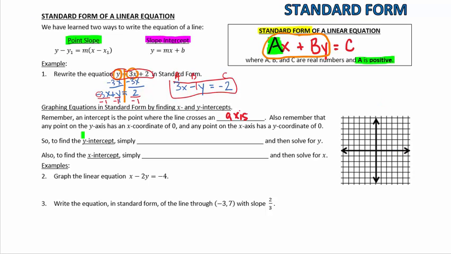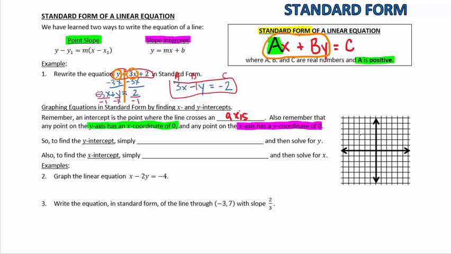We also want to remember that any point on the y-axis has an x-coordinate of 0. So any point I pick on the y-axis, the x value is 0. And any point on the x-axis has a y-coordinate of 0. So any point I pick on the x-axis, the y is 0.